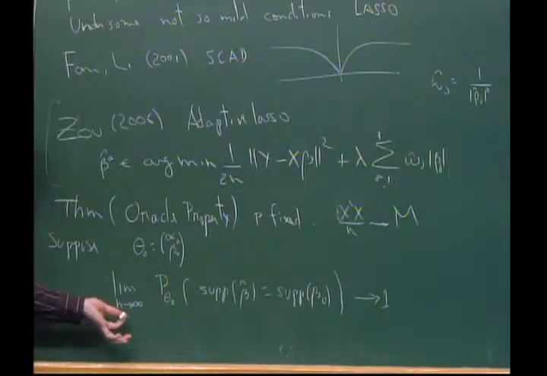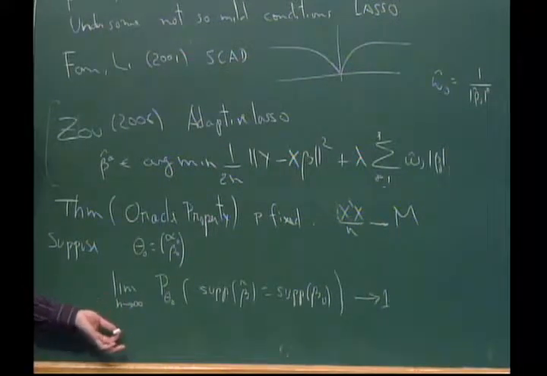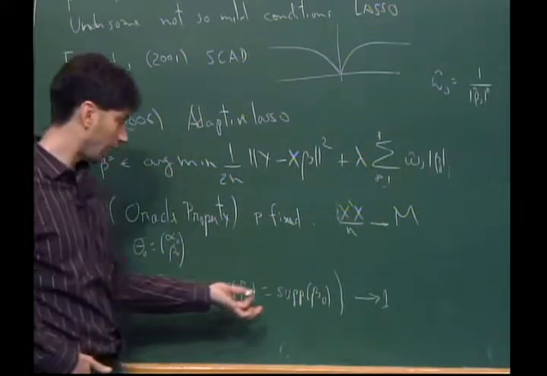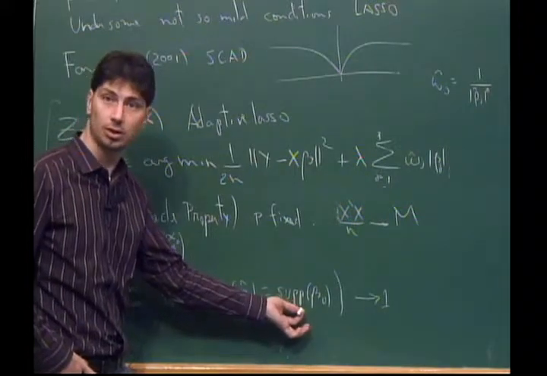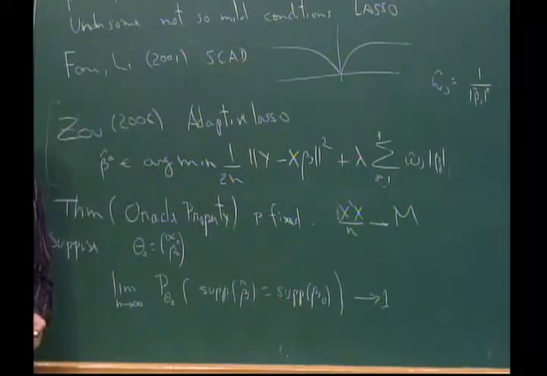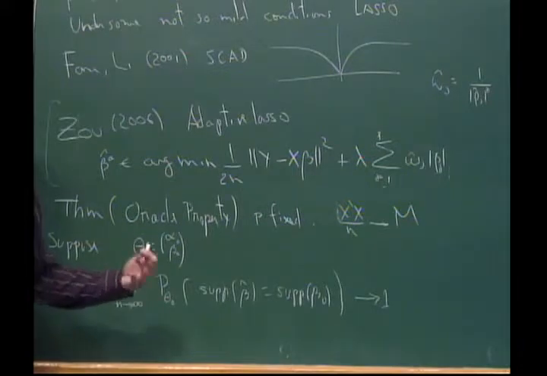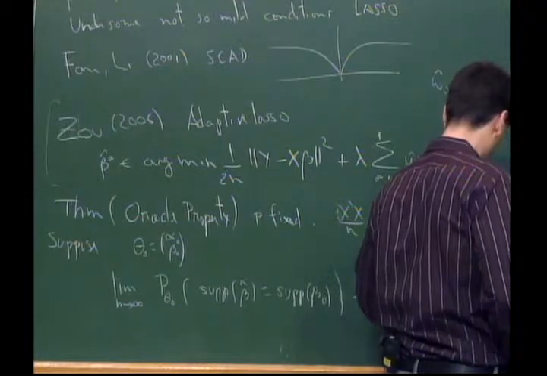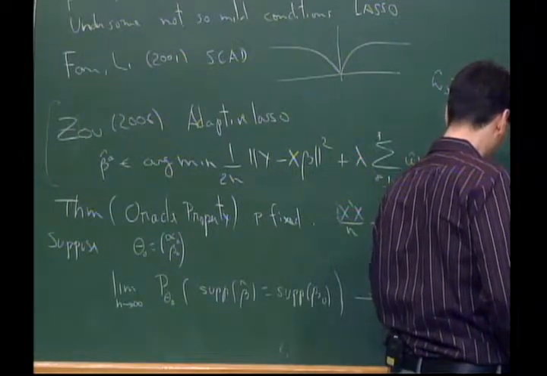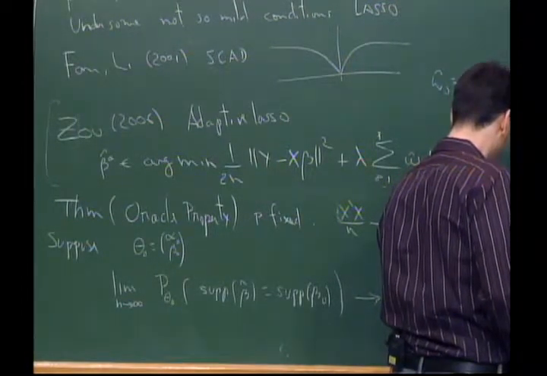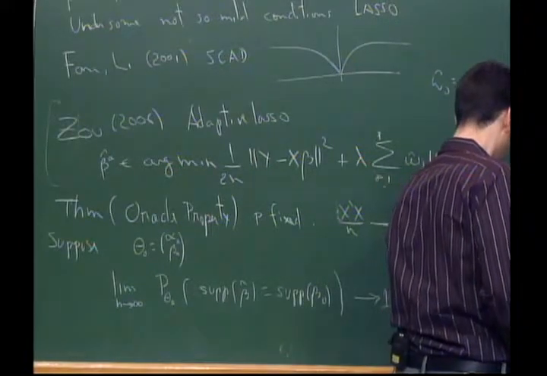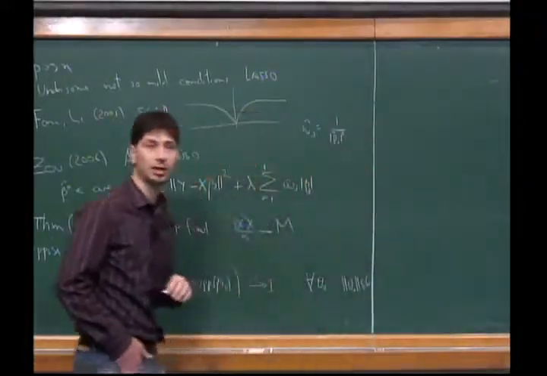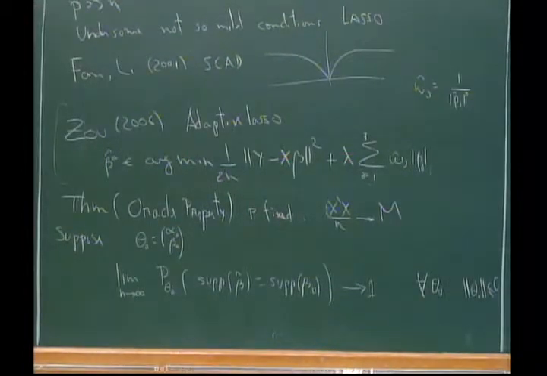It's telling you that with enough observations, with the model fixed, if I have enough sample size, your method can identify what is in the true support from what is not the true support. For every theta naught. I'm going to say that I'm only going to look at models in which these vectors are bounded.